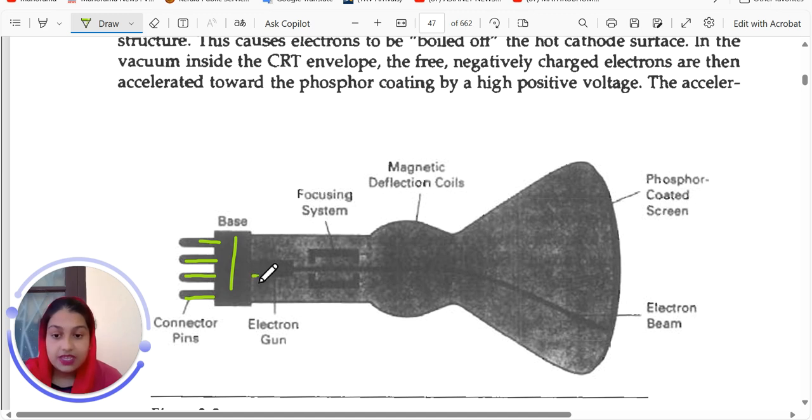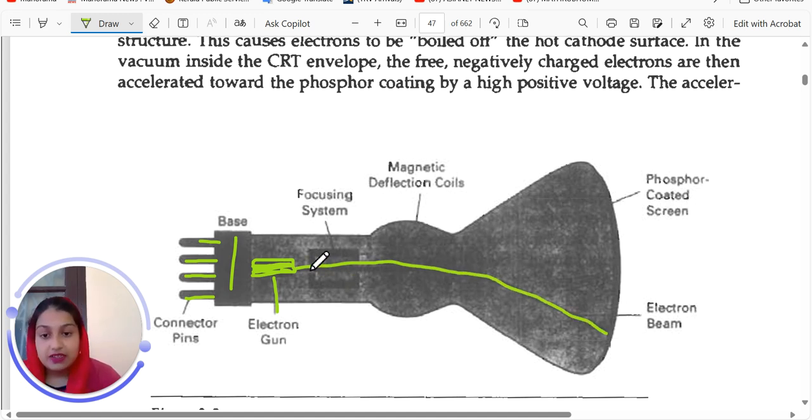Then here we have the electron gun. The picture might not be clear. Through the electron gun passes the electron beam. And here we have the focusing system. Then this bulge over here is the magnetic deflection coil.